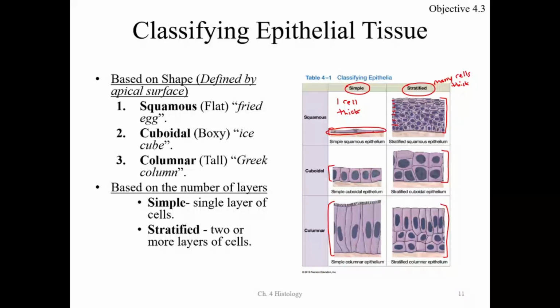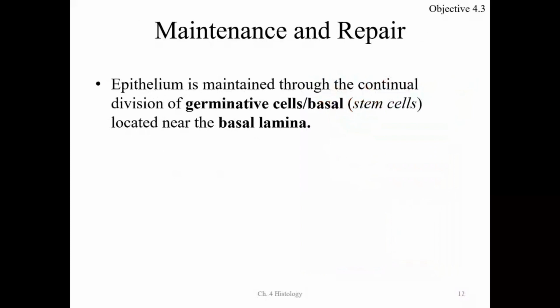That's very important that we understand this. Very important that we grab that part, okay? Once we have that part down, let's move on to the rest of this. One of the big things I always like to talk about is that cells like epithelia have got to be replenished.